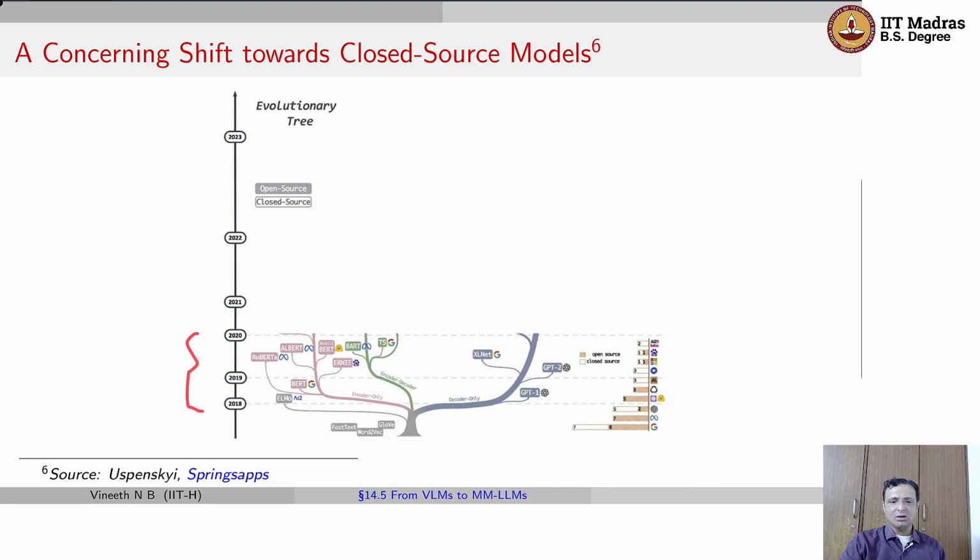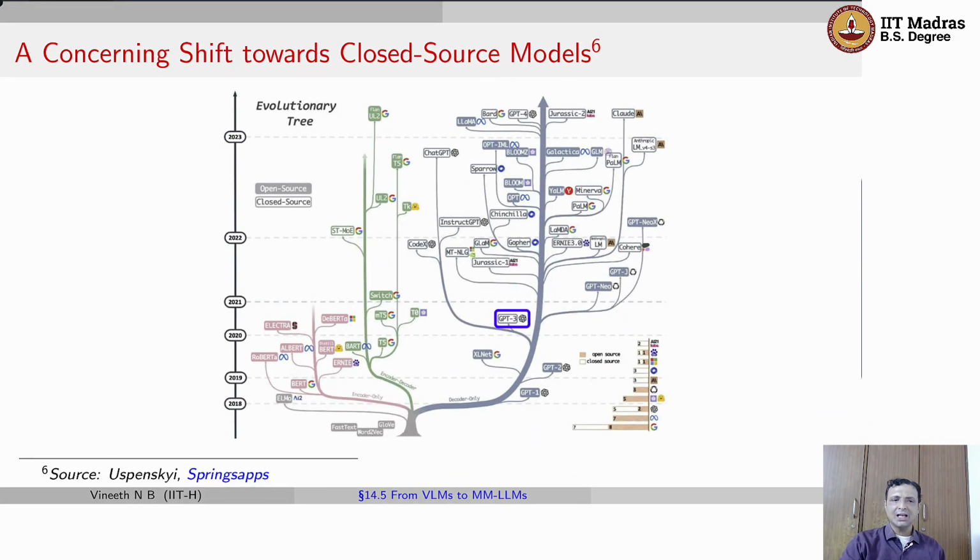Then somewhere around 2020-2021 came GPT-3, which was perhaps the first model at that time which was largely closed source. And since then, over the last year or so, most of the models that have been released have actually been closed source. There have been a few open source models, but a significant amount of them are closed source.